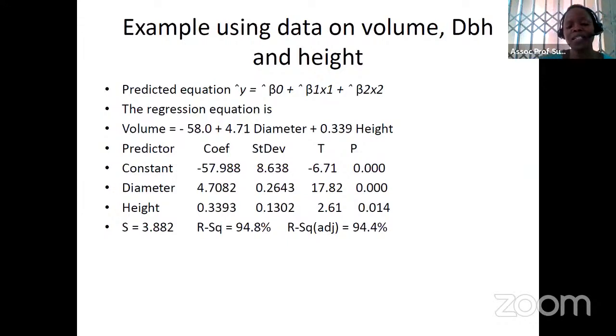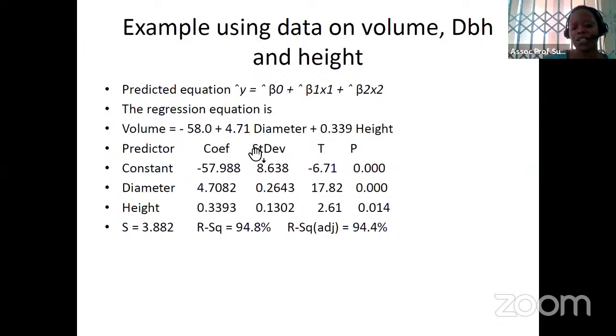So in this case, if we hold height constant, we are going to say that for every unit increment in diameter, volume increases by 4.71. Then when it comes to height, we hold diameter constant and interpret that for every unit increment in height, volume increases by 0.339. Okay, so that's how we interpret the model for regression.